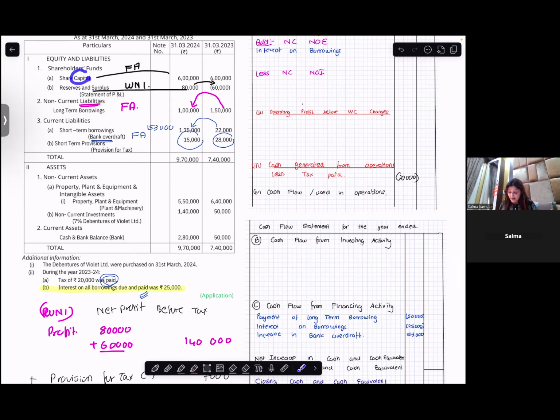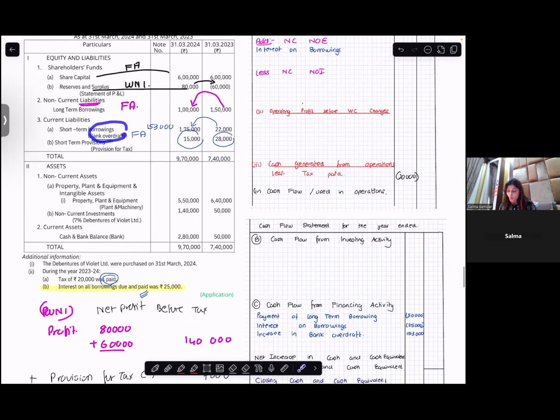Share capital is a part of financing activity. Reserves and surplus, working note number one. Borrowings, financing activity, and any interest on these borrowings would be again financing activity, and it is a non operating expense. You should note this. Bank overdraft, it is going to give you money, financing activity.